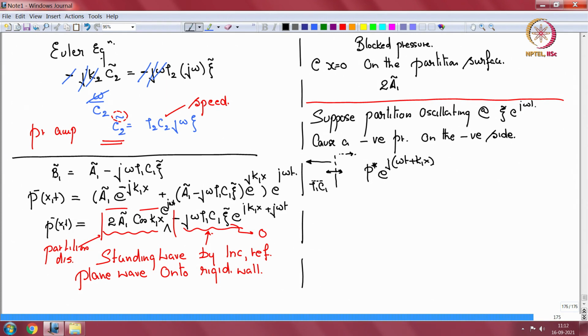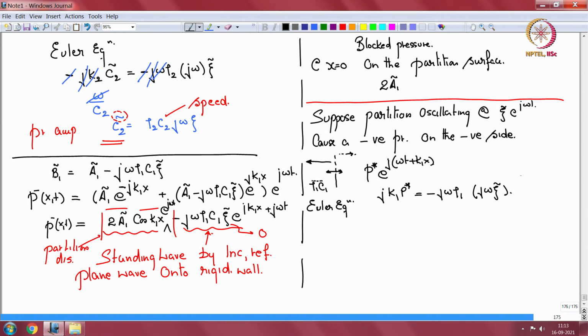Then again if we use our Euler equation, we get j k1 p star evaluated at x equal to 0, and therefore minus j omega rho 1, into j omega xi.